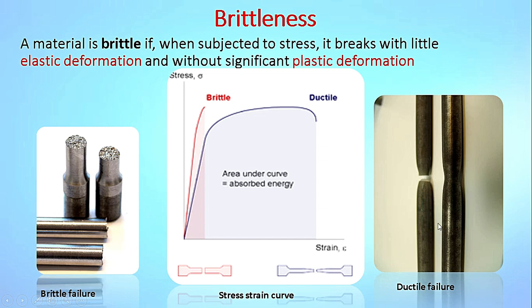And in this figure we can see a ductile failure. Here the section of the material is reduced, but in brittle failure there is no reduction of section. So brittle materials fail suddenly.